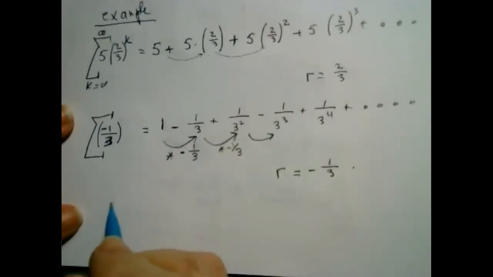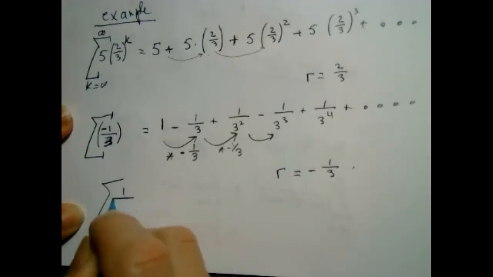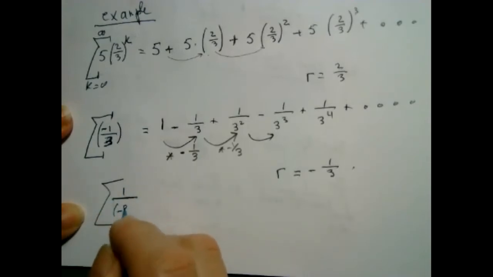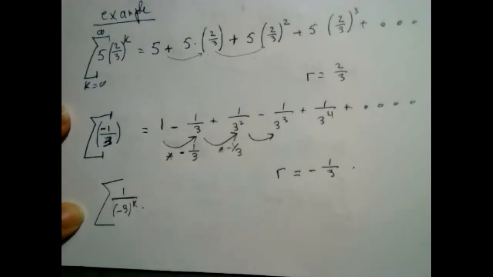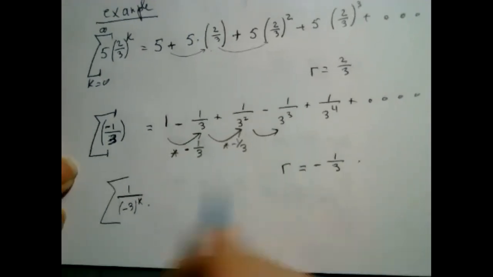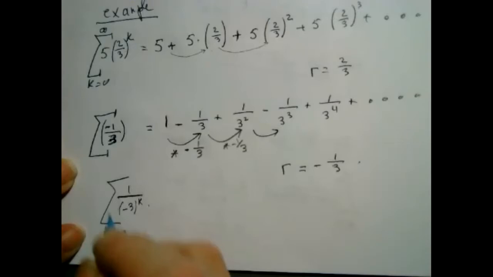So what your classmate is saying is 1 over (-3) to the power k, k equals 0 to infinity. I think either would be okay.